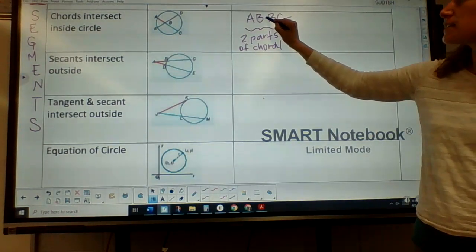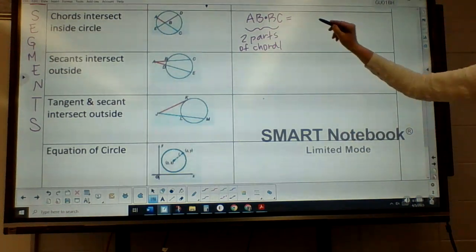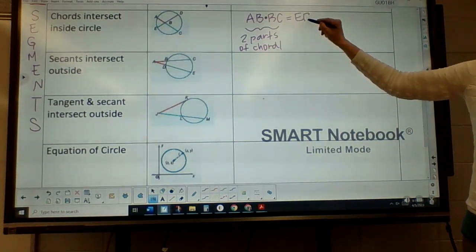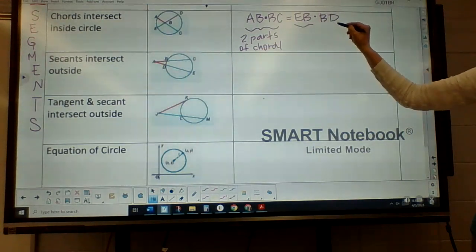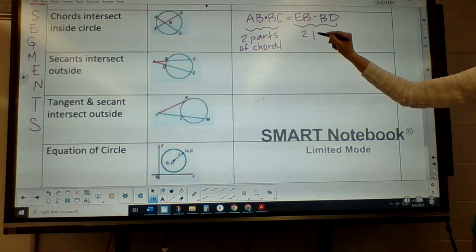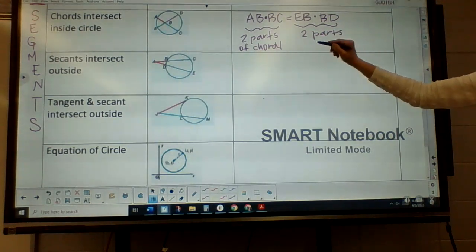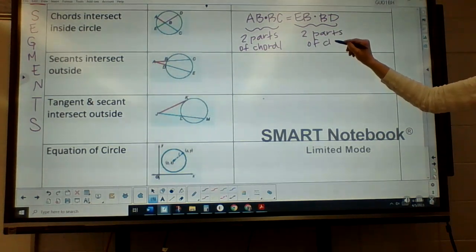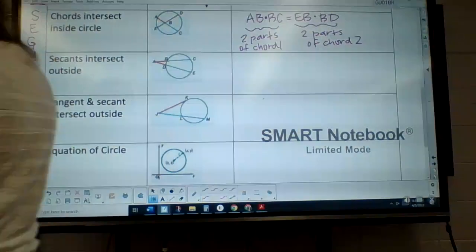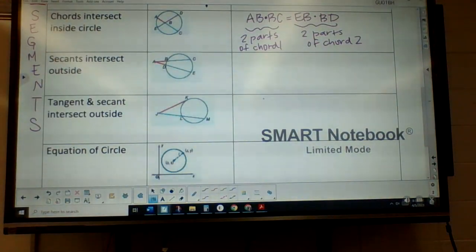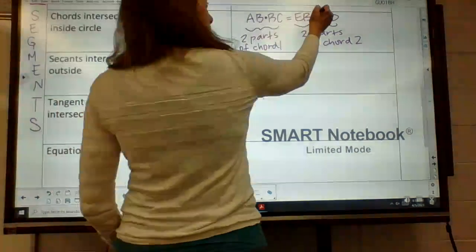So make sure it's clear that that's a multiplication there. And then the two parts of chord two. And again, this is all multiplication.